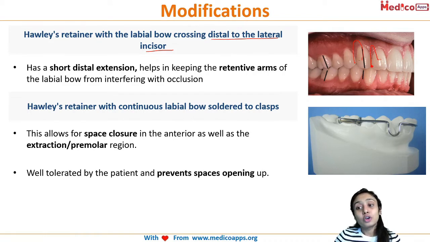In our normal short labial bow, when your U-loop distal surface is between your canine and premolars, it moves occlusally and then goes palatally into your acrylic plate. So what will happen is this has some kind of interference with your occlusion. Your lower premolar will hit on this particular wire and it will not allow proper seating of your occlusion. So in order to prevent that, it moves distal to your lateral. So here the canines will not hit because you have your overjet.